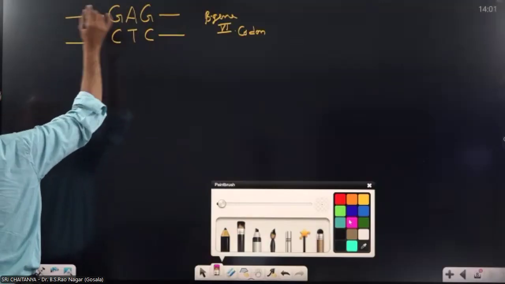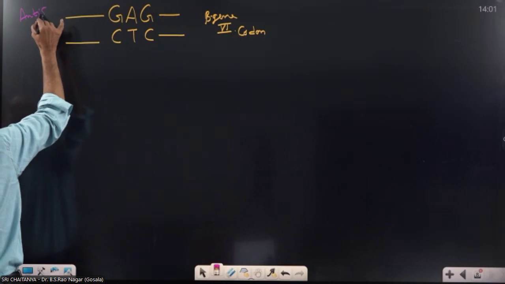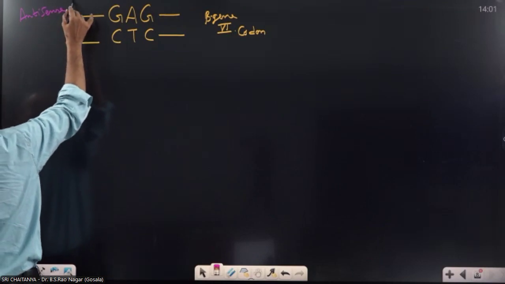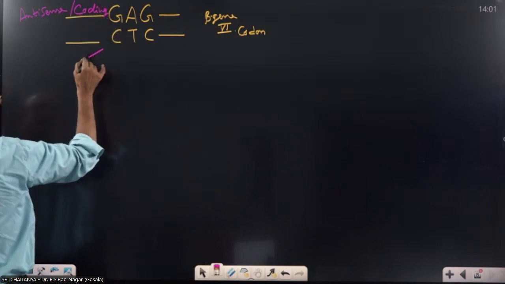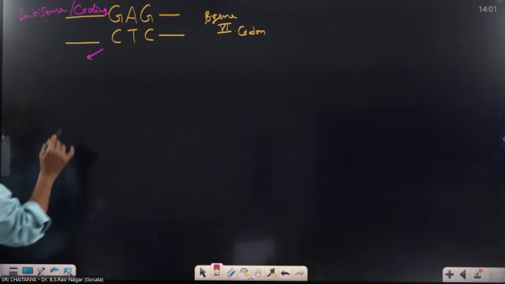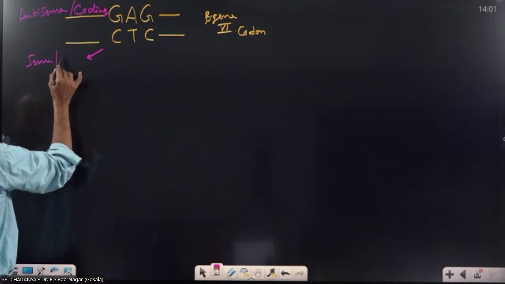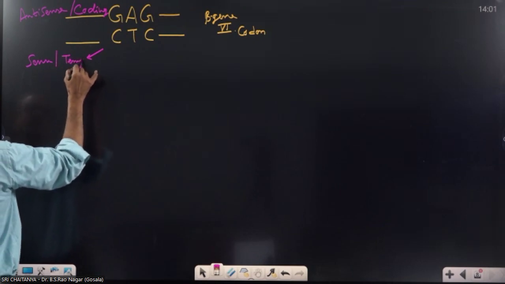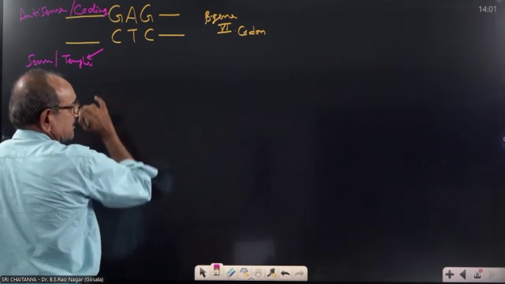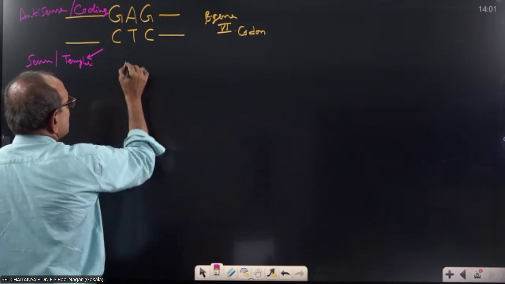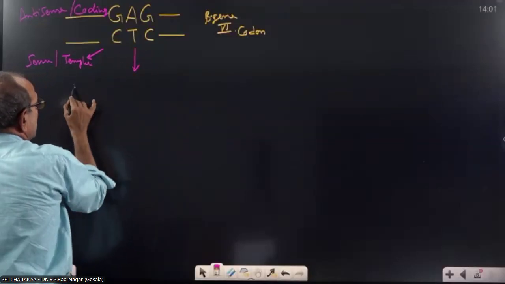GAG, this part, is the antisense strand or coding strand, whereas this is the template strand, the sense strand. On the template strand, the polymerase enzyme attaches and undergoes transcription, forming the mRNA.